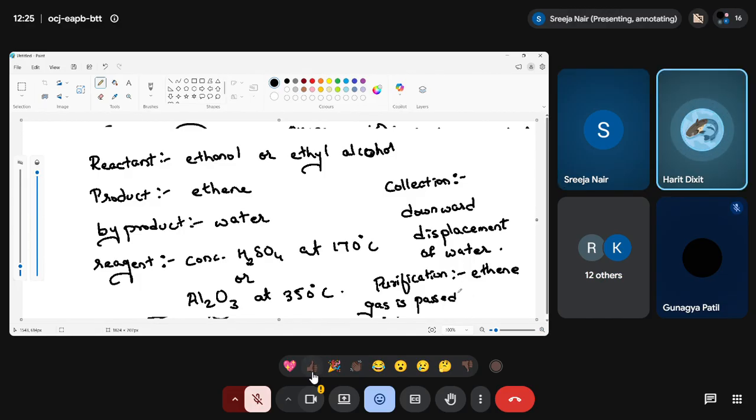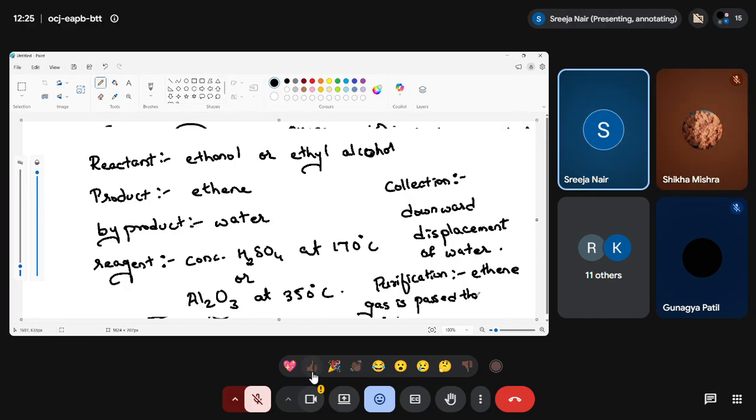Write down here, ethene gas is passed through NaOH solution. What this NaOH solution will do is absorb the impurities, that is your carbon dioxide or sulfur dioxide, these two gases, and it will allow only the ethene gas to be collected by the method of downward displacement of water.